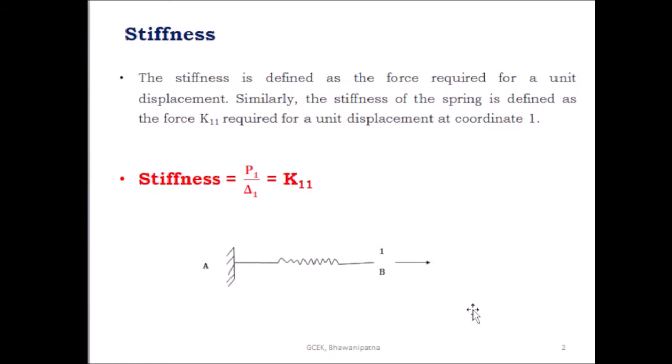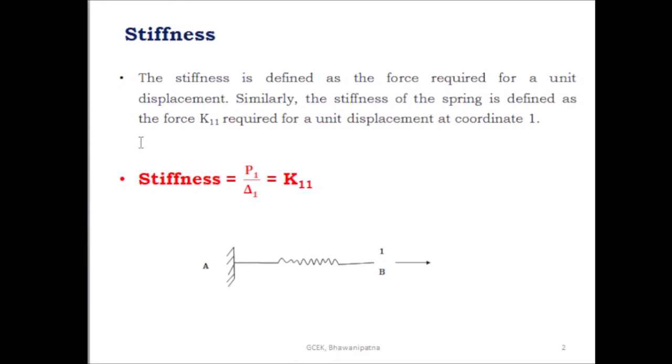First we have to know what is stiffness. The stiffness is defined as the force required for a unit displacement. Similarly, the stiffness of a spring is defined as the force K11 required for a unit displacement at coordinate 1. So, what is the force required at coordinate 1 due to the unit displacement at coordinate 1?